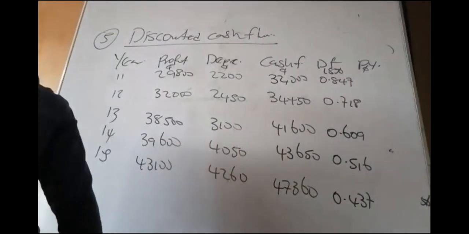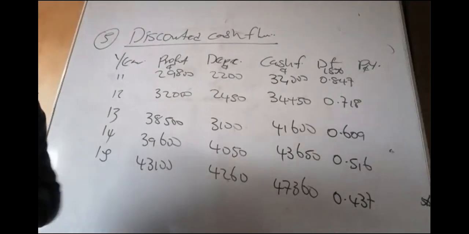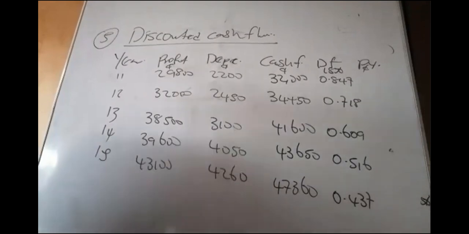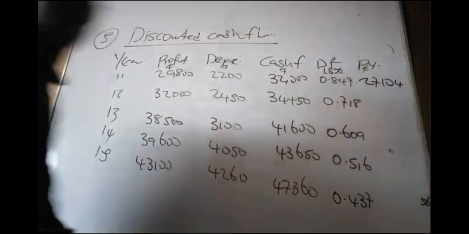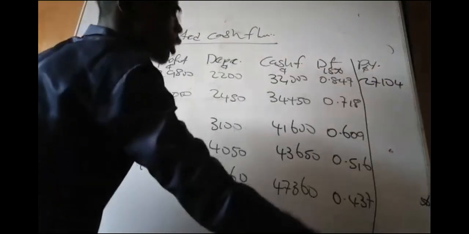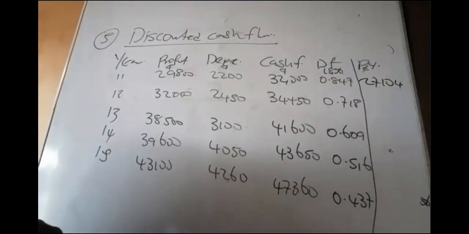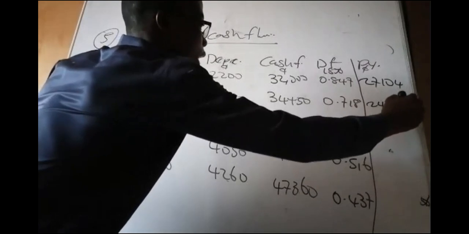So we do the computation. Year one is 27,104. Let's go to year two. Year two, you have 24,735.